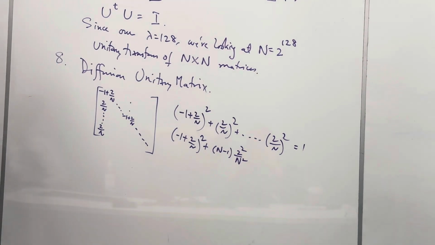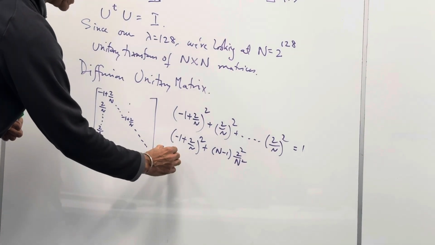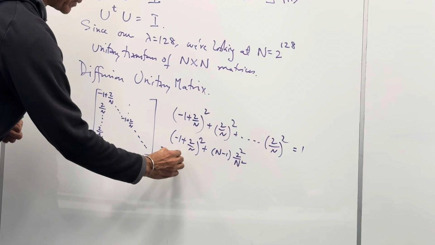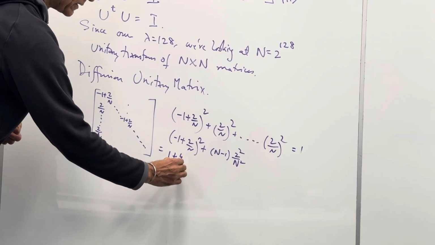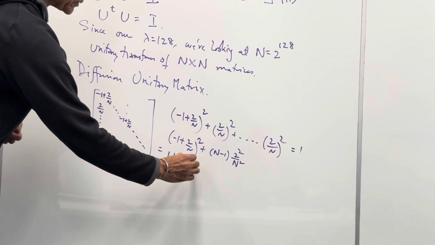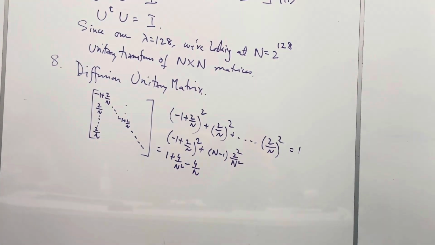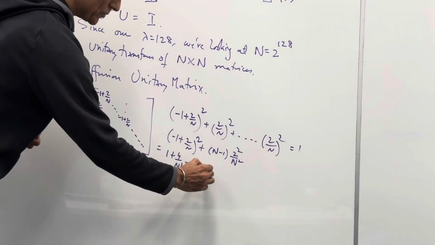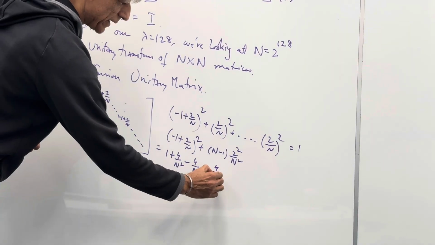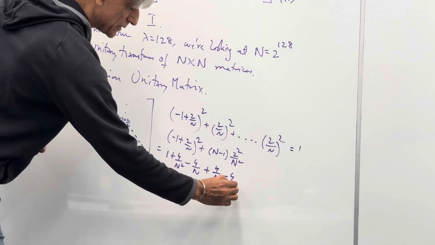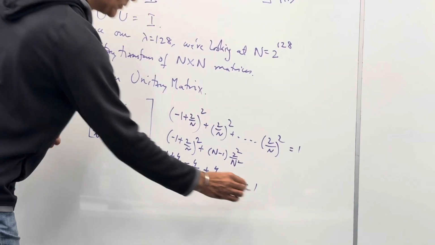Okay, we can open this up. There will be 1 plus 4 by n square minus 4 by n, and this term would be 4 by n minus 4 by n square, which is equal to 1.